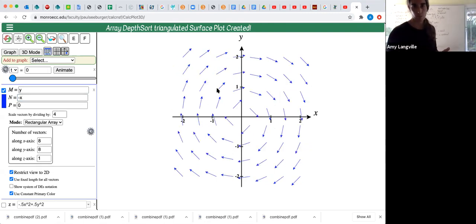The action of the field, if this is a leaf landing in the river current, it's going to be spinning this way. So when the motion is rotational, you have a rotational field, it doesn't matter whether it's spinning clockwise or counterclockwise. We can have those in R3 as well. We'll think about ones that have a sort of helical motion that seem like tornadoes or clothes dryers.